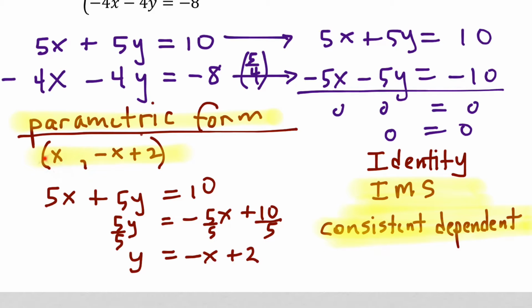So generally you would start by saying x is equal to x, whatever x you've got, and then you solve for y in terms of x, and you replace the y in your point with this expression. Let me also point out that you're not going to see it called x there. You'll see it called a dummy variable, and it's very common to see it called t in parametric form. So let's use the letter t when we write our solution in parametric form.